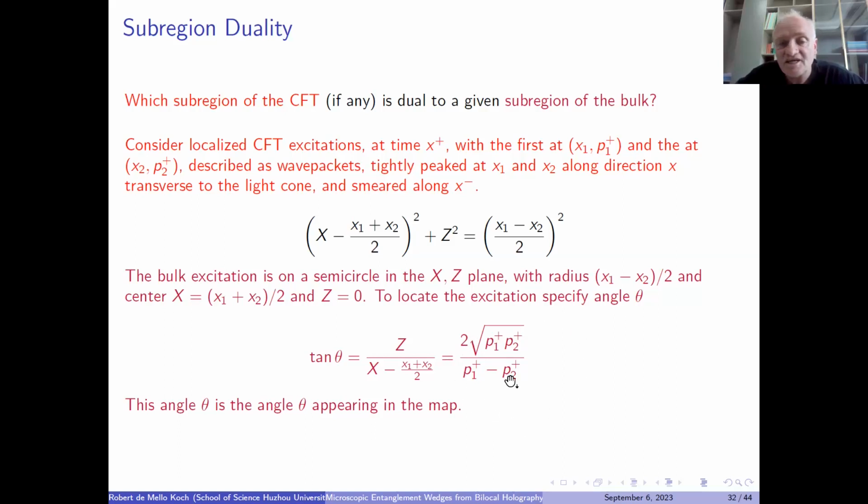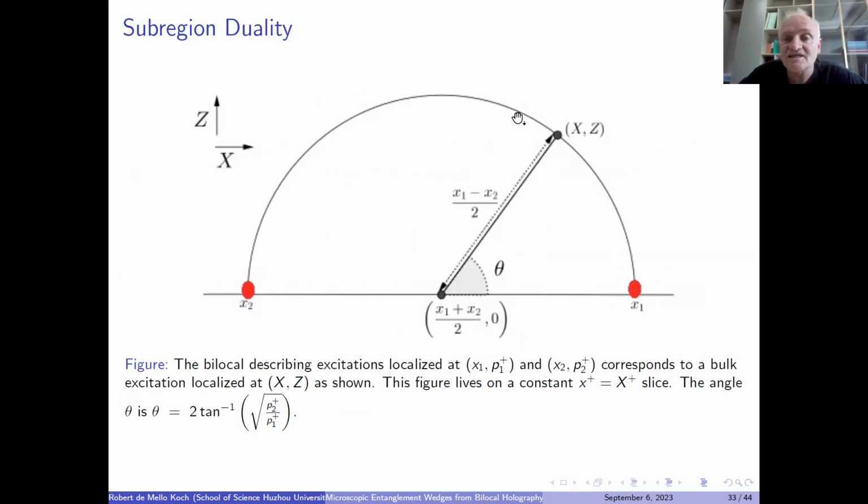And you can actually check that this theta is exactly the theta that was appearing in our mapping. It's exactly the same theta, the bookkeeping coordinate. So we can localize to any specific point on the semicircle by choosing p1 plus and p2 plus. So we've got a very explicit understanding of where the CFT excitations map into the bulk.